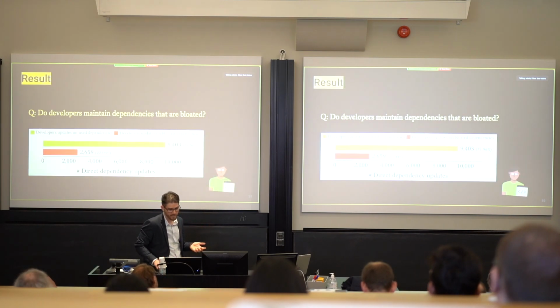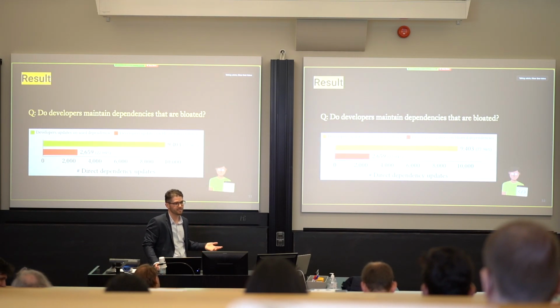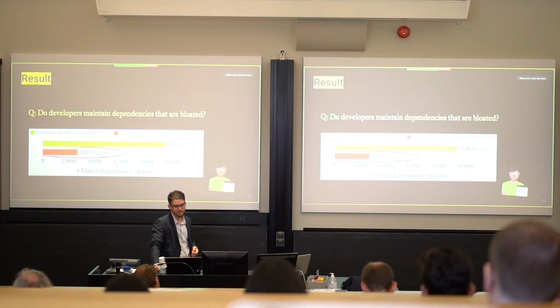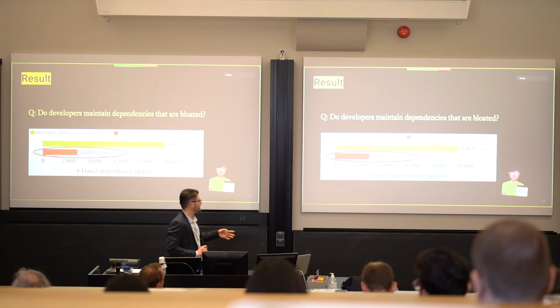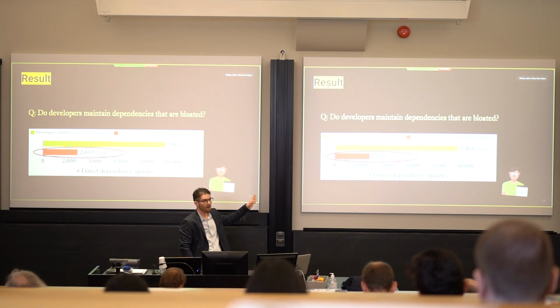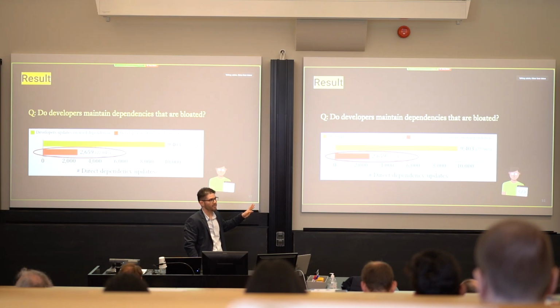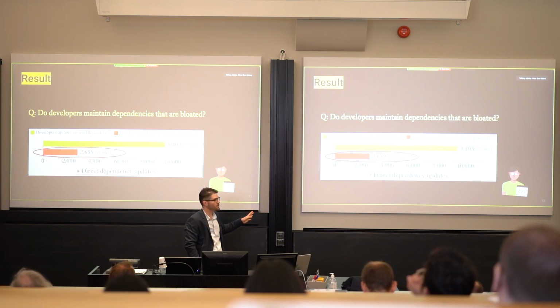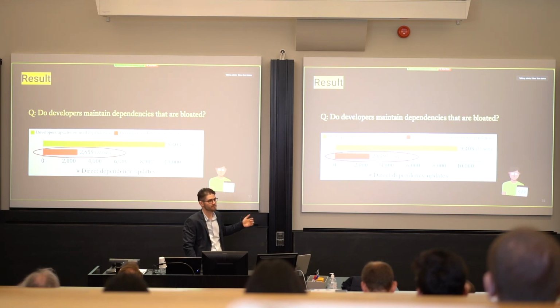And this is performed by developers, it's a very common maintenance task. And this is the result that we obtained. Very interestingly, 22% of the commits performed on the projects that we analyzed, which were about updating dependency versions, were performed on dependencies that are actually bloated.